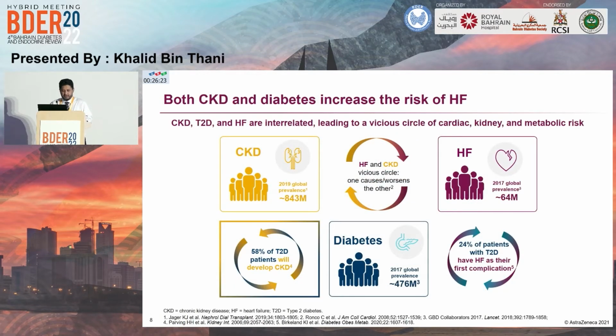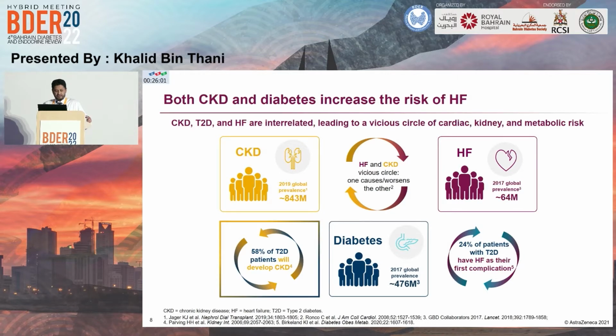What about chronic kidney disease and diabetes? They increase the risk of heart failure. For chronic kidney disease, the 2019 global prevalence is more than 800 million people. For heart failure, the 2017 global prevalence is 64 million people.